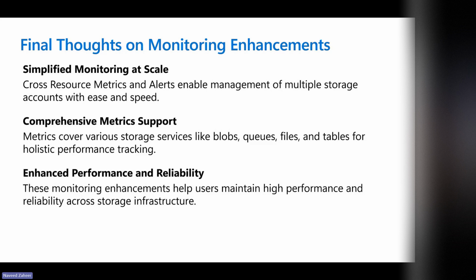At this moment it supports blob, queue, file, and table. Just keep in mind you cannot mix blob and queue when you're grouping together. It will be the blob service from all the storage accounts, the queue service from all the storage accounts, the file service from all the storage accounts. And of course, features like these help you enhance the performance and reliability of your application.